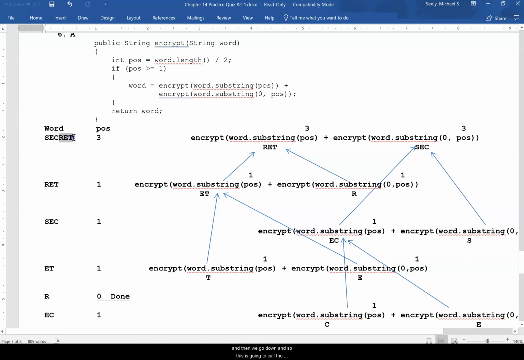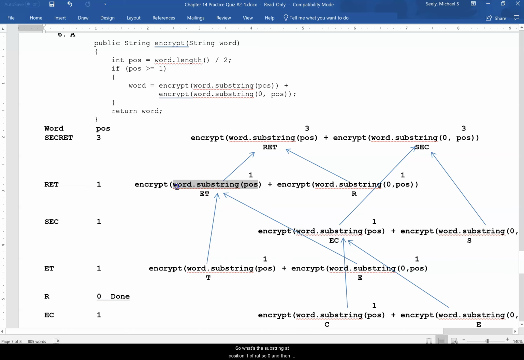So ret gets passed in here into this one, and then we go down, and so this is going to call the encrypt method. 3 divided by 2 is 1.5, but since they're ints, they get chopped off. So we had the word ret right here, and 3 divided by 2 would be 1.5, but the 0.5 gets chopped off, so it's just 1.